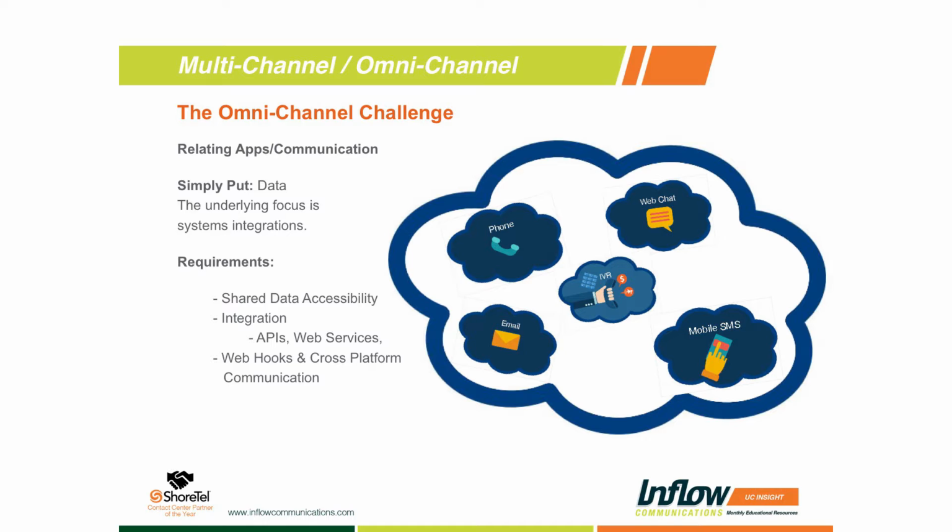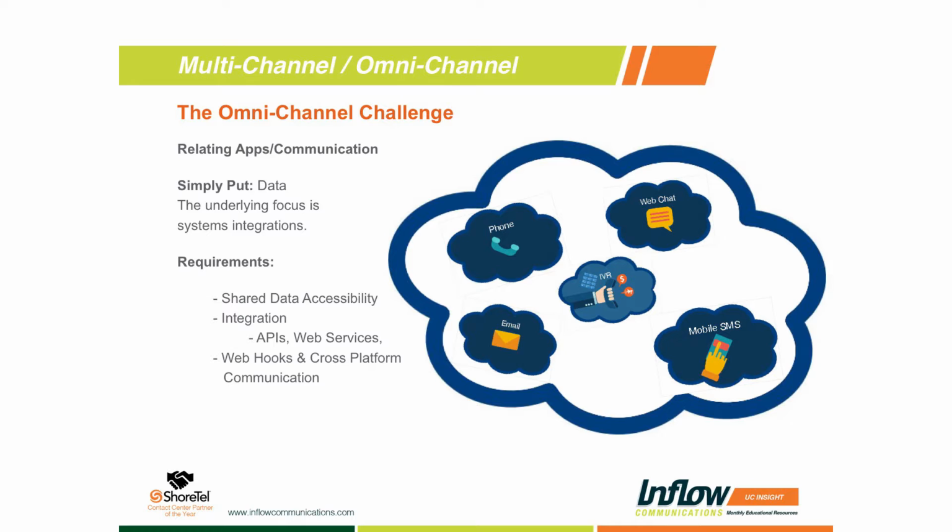That has to be rule number one, because each application needs to know what each application is doing and what its updates are. Integration can take on various forms, whether it's through APIs, web services, web hooks, which is the ability to communicate between applications through web portals, especially when we're dealing with so many web-based applications.